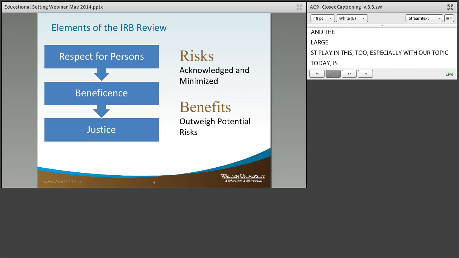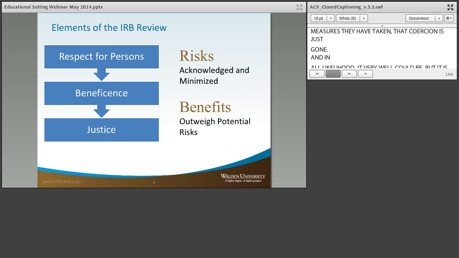And I really do want to highlight the word perception because it's not uncommon for researchers to feel like because of whatever measures they've taken, the coercion is just gone. And in all likelihood, it very well could be. But it is the perception of the potential participant that we also need to keep in mind.